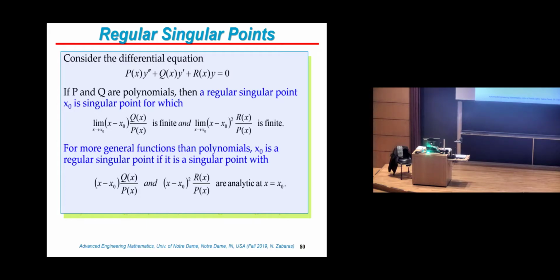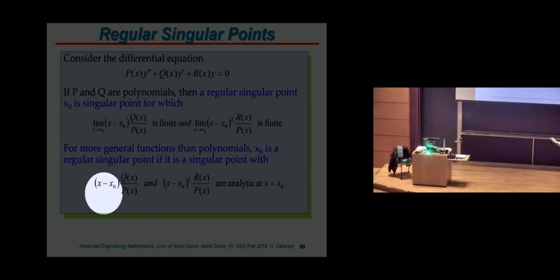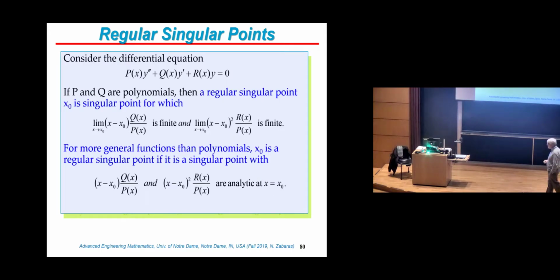For this case, when these two terms are analytic at x equal to x0, we can find a power series expansion. I am going to give you the hint now, and you will read the notes: it will be x to the power r, like the Euler equation, times some expansion around x0.